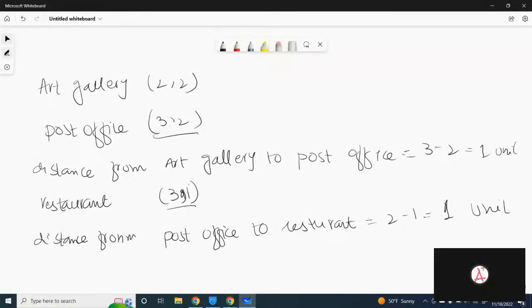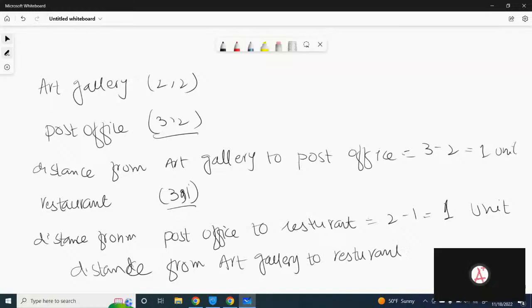That means when Zachary traveled from the art gallery to the post office, he traveled 1 unit. And when he traveled from the post office to the restaurant, he traveled 1 unit. So the distance from the art gallery to the restaurant is, just add both these distances.